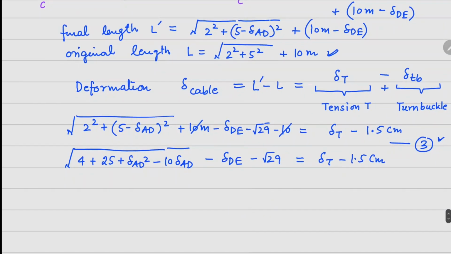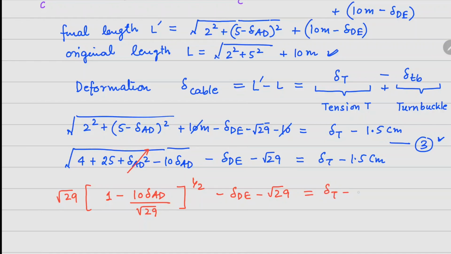Now here, assuming that these deltas are going to be much smaller, I can ignore this term from here, and if I take square root 29 common from this term, we can write this as square root 29 times (1 minus 10 delta AD divided by 29) to the power half, and all the terms can be written as it is, equals delta T minus 1.5 centimeters.